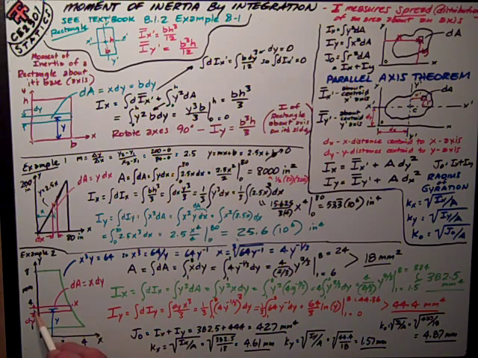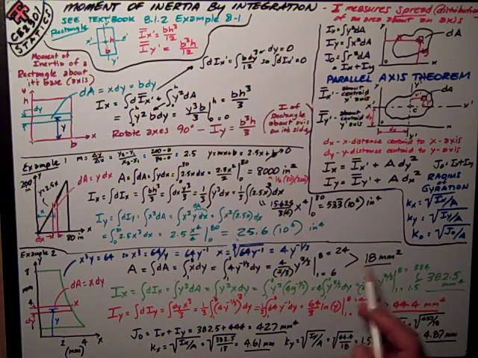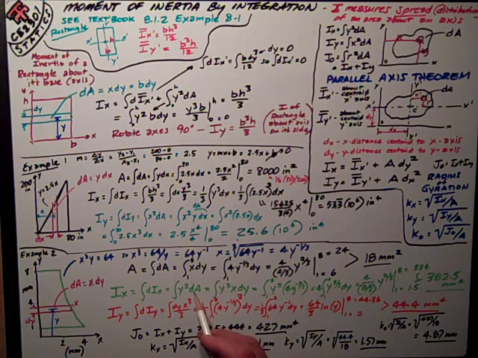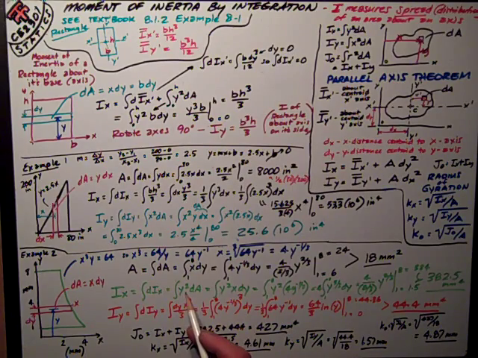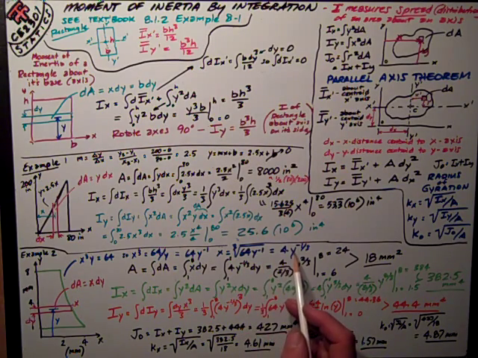The Ix prime goes to 0 because the height is dy, which is essentially 0, so I'm just left with a y squared dA term. So I just plug in what I know. y squared dA is equal to y squared x dy, that's dA. Plug in what I know for x, which is 4y to the negative 1/3 power.